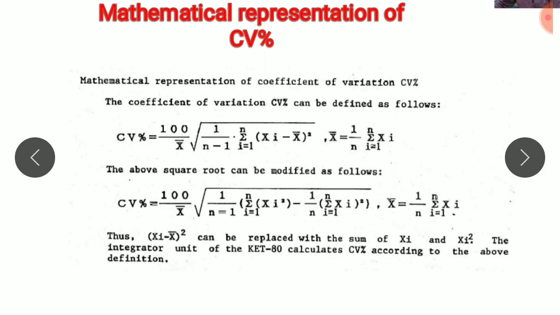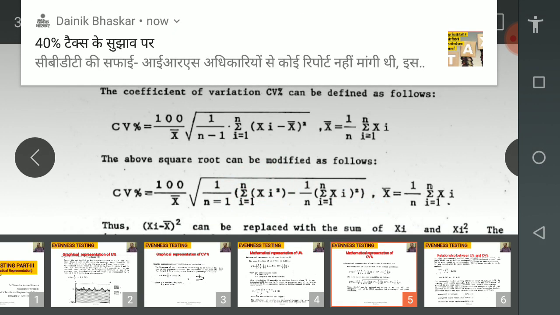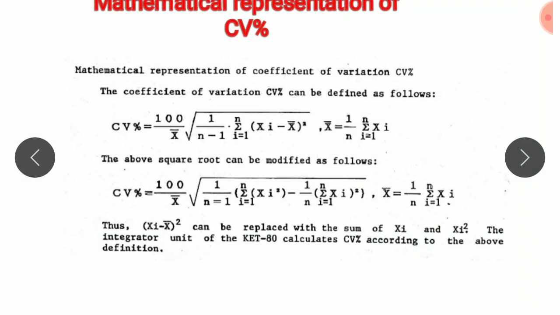However, the computation of the CV is exactly what it is mathematically, because here for calculations it has to take the value of X bar. It is not taking deviations, it is simply taking all the readings, squaring them and then putting them in the formula.